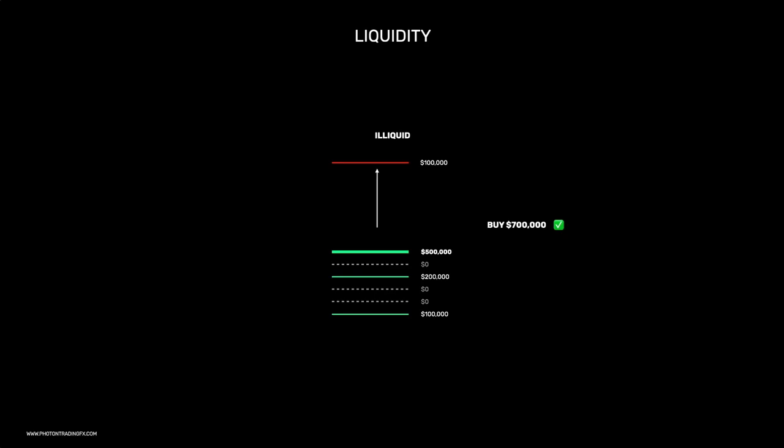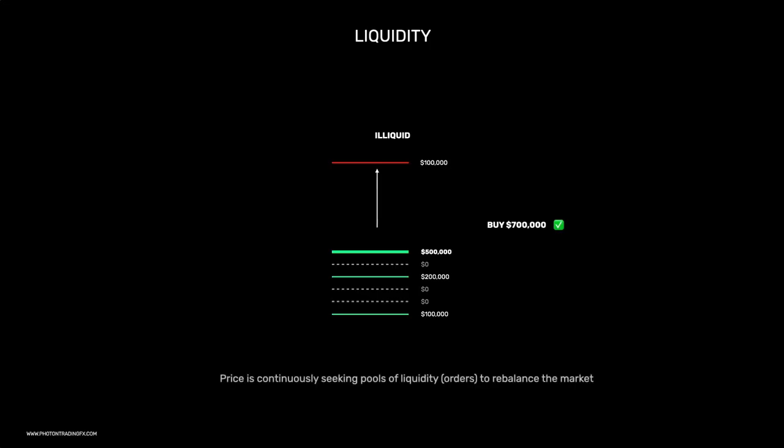Because you're buying $700,000 worth of this asset, but there was only $500,000 worth of volume being sold at that current price. So you instantly get filled 500,000 at that price level that you wanted, but to fill the remaining $200,000 worth of your order, price has to keep moving up and up and up, until it finds that remaining $200,000 worth of orders. And that's where we end up there at the top of that price level.